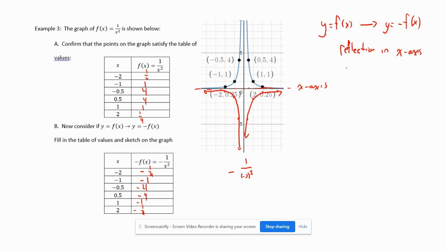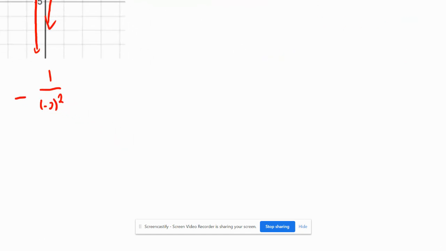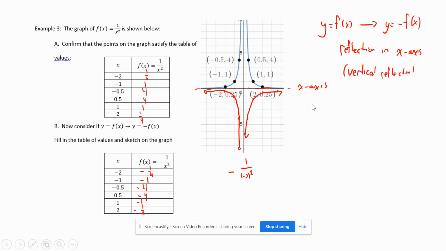We sometimes also call this a vertical reflection. It's called a vertical reflection because the graph was up here and now it gets flipped down here, so it's getting flipped in the vertical direction, and that's what we mean by that.